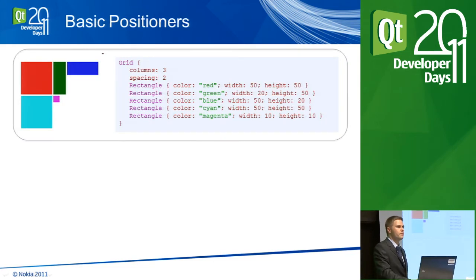Let's go forward to positioners. The layouts, anchor layouts that we just saw, they are for setting up your UI so that things can be anchored to each other, obviously. But what if you have a number of items, you might not know how many, and you just want to put them in a row or column?